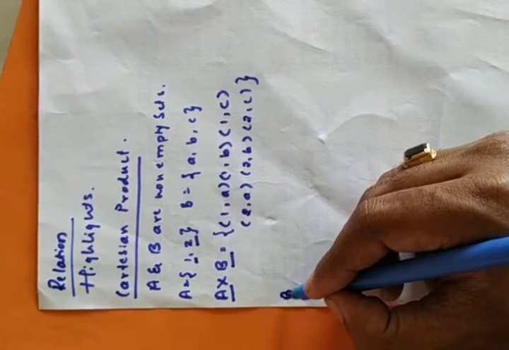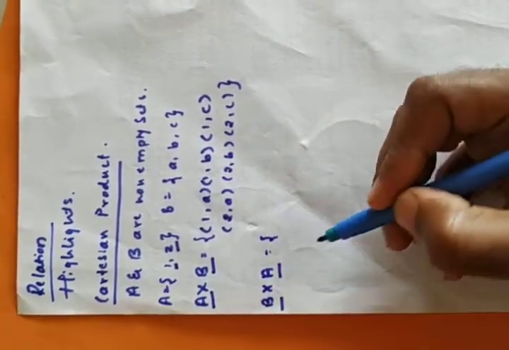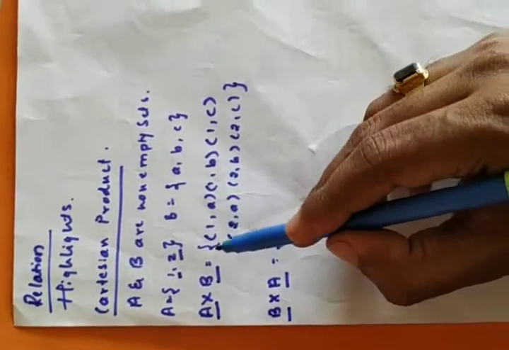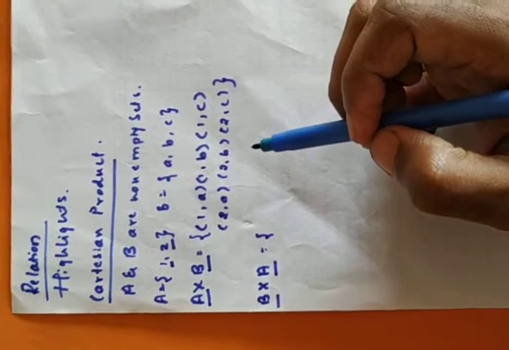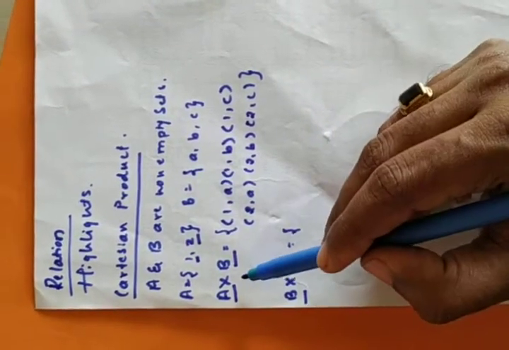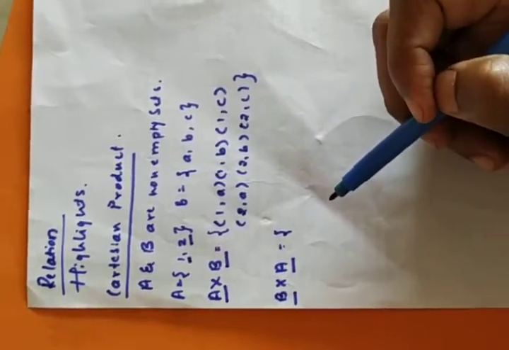If I write the product B into A, then the first element is from B and the second element from A. Here the first set A is known as the domain of the Cartesian product A into B, and the second set, that is {a, b, c}, is known as the codomain.